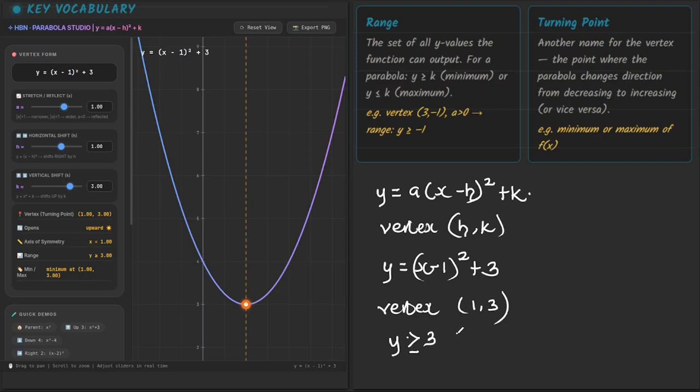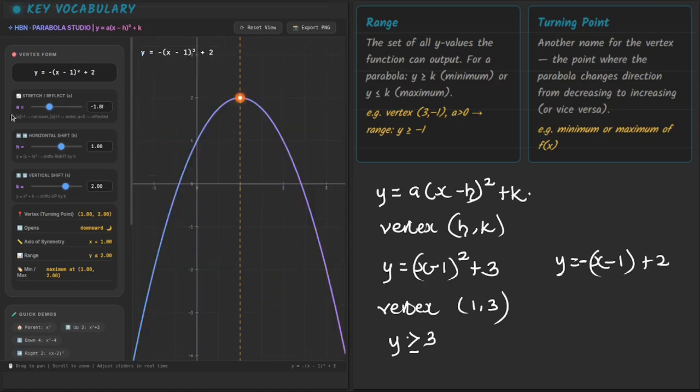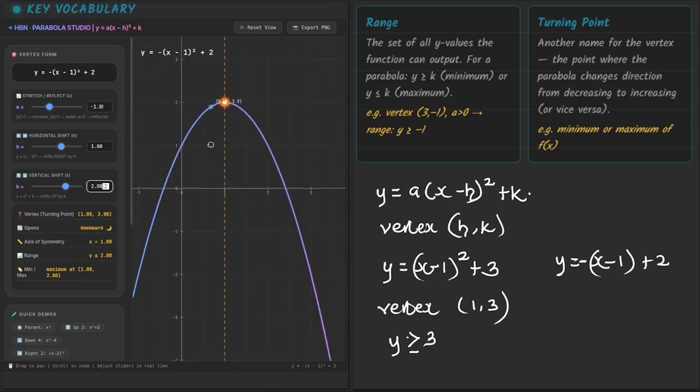Now, if we were to have our function written as y equals negative x minus 1 squared plus 2, let's make our a negative. This is a downward function because of the negative here. If I illustrate it here, then this is how it's going to be.